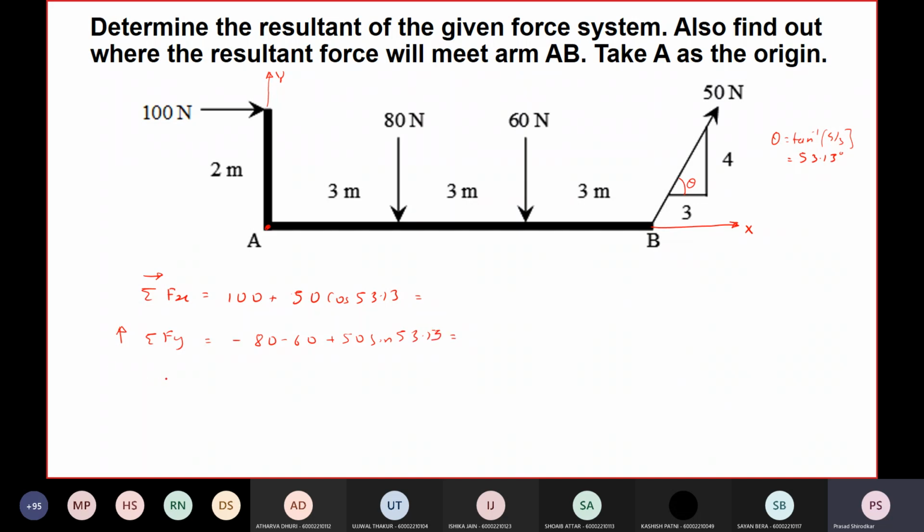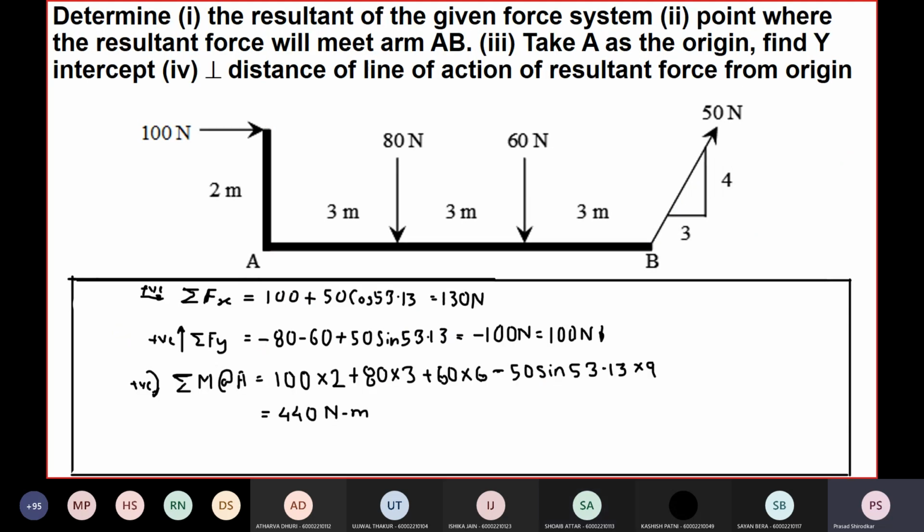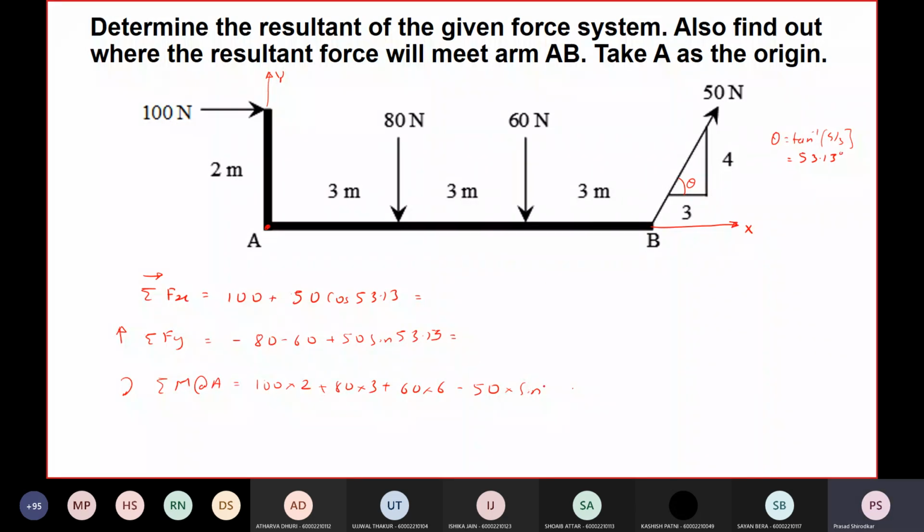Then also calculate summation M about A, clockwise positive, that is equal to 100 into 2 plus 80 into 3 plus 60 into 6 minus 50 sine 53.13 into 9 and calculate.